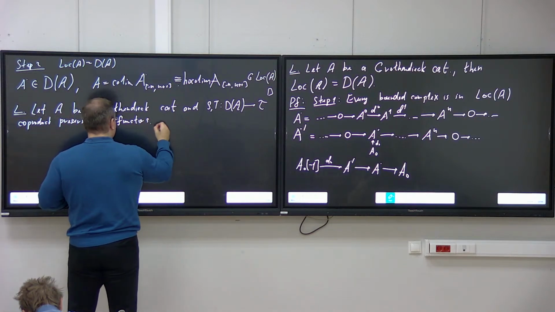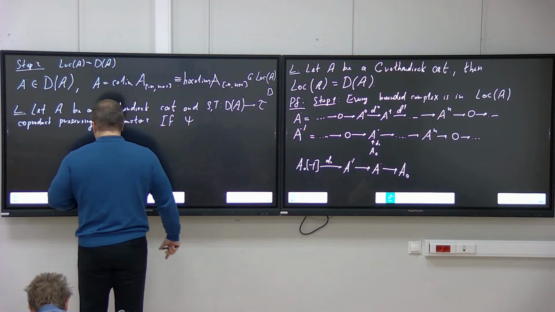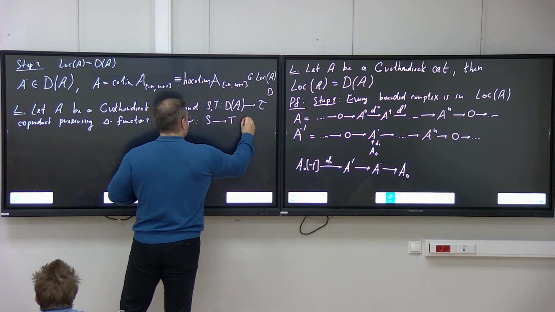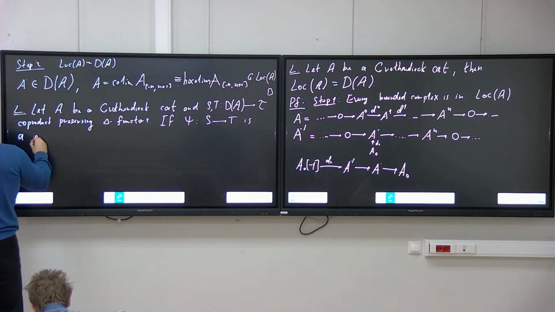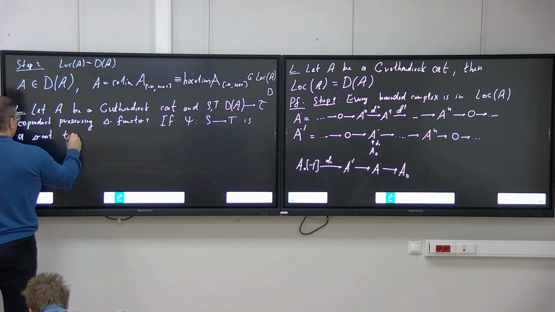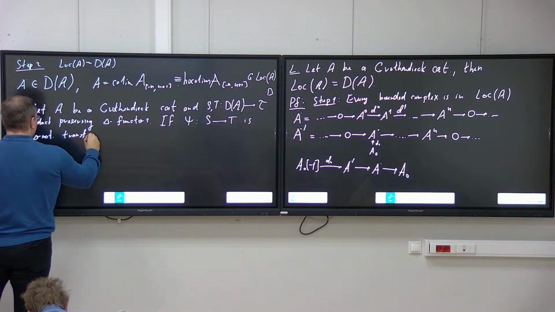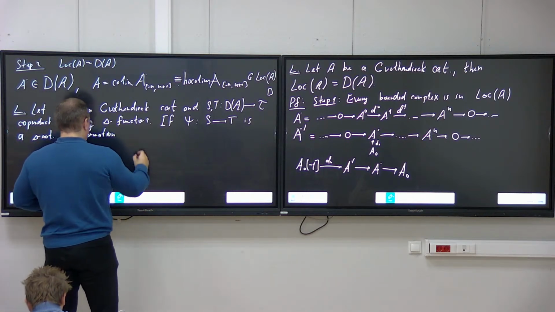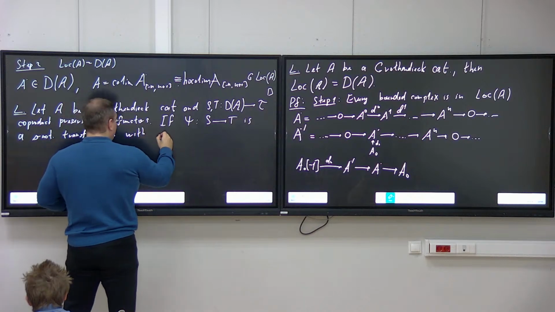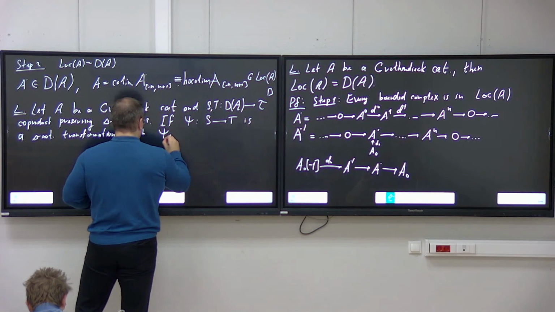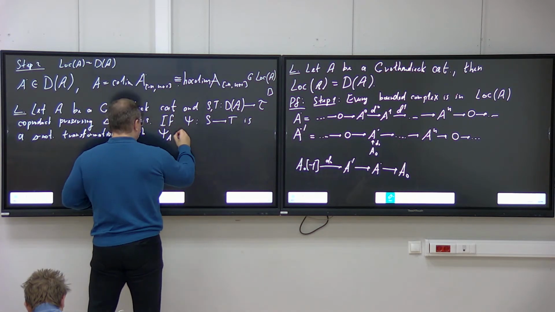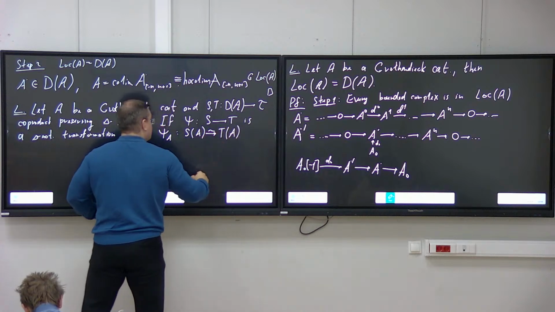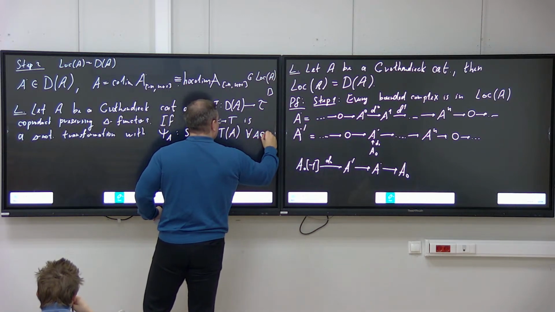And I assume that if I have a trinatural transformation, let's call this psi, from S to T, with the property that if you look at the component of this trinatural transformation for an object A, this is an isomorphism from S of A to T of A. This is for any object A in the abelian category A.